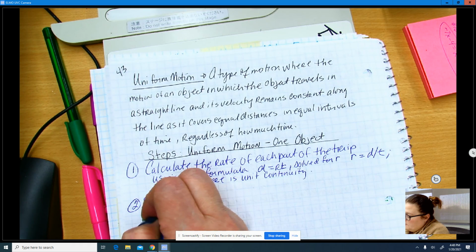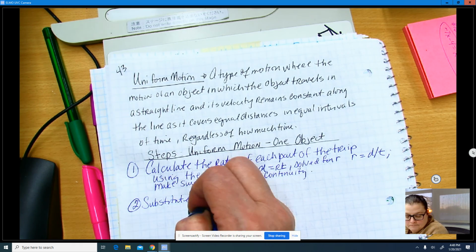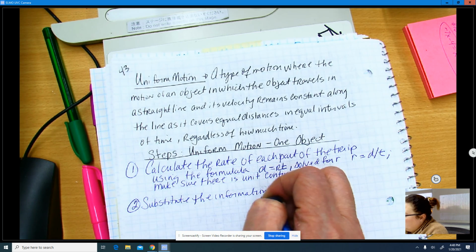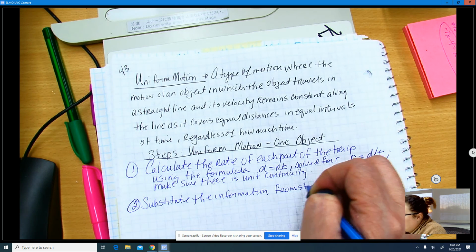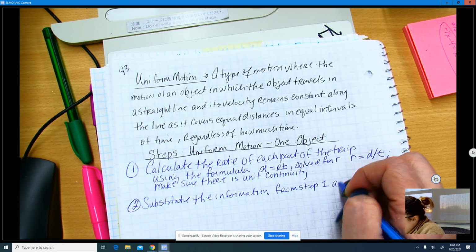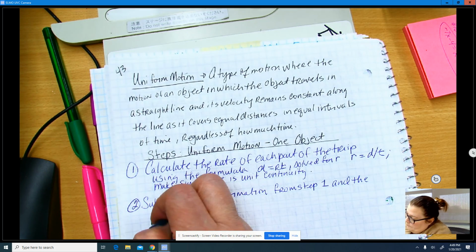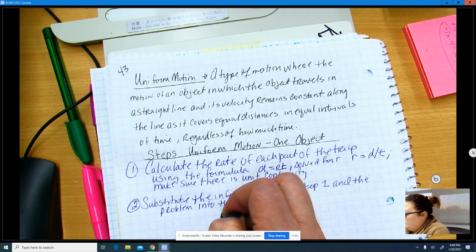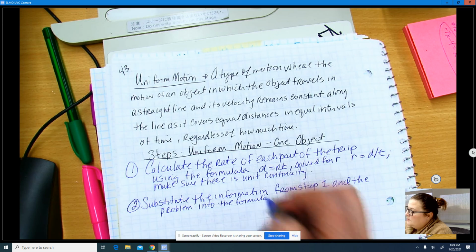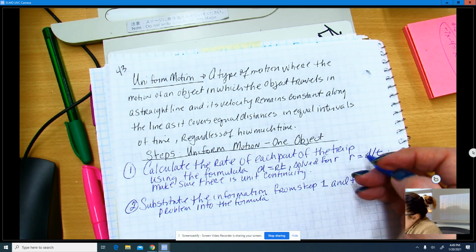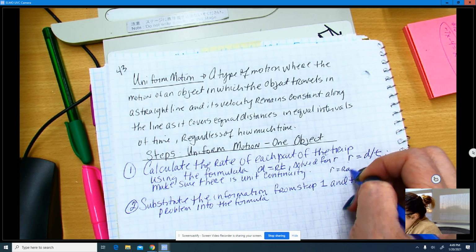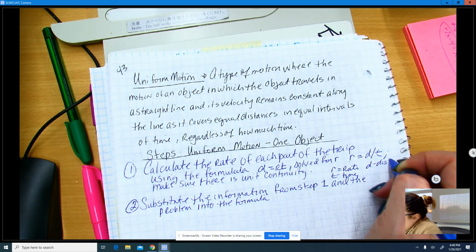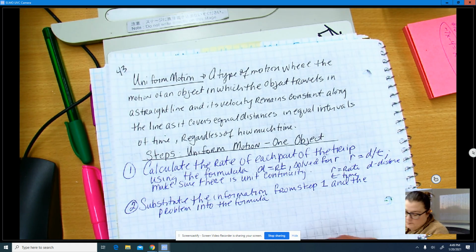Second, substitute the information from step one and the problem into the formula. So we should remember that R stands for rate, T stands for time, and D stands for distance. So when we write this formula, we're not going to have to write everything out.